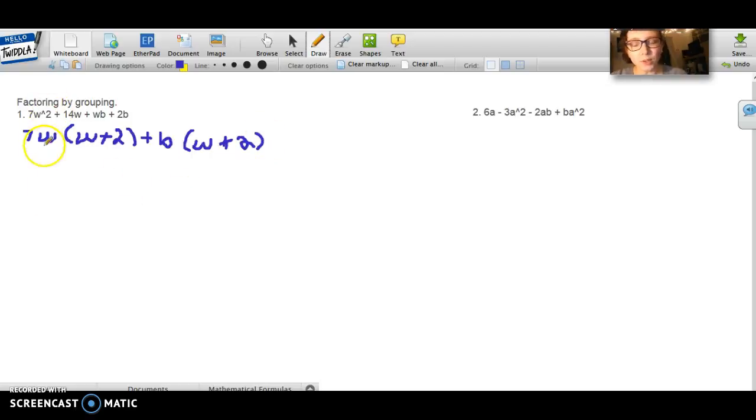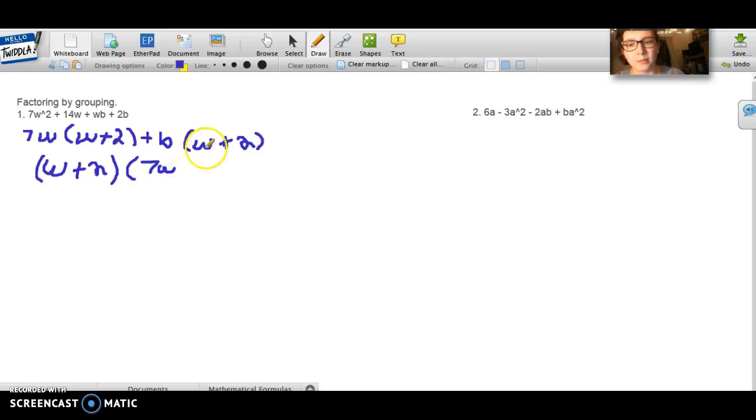Now we have two terms, and the greatest common factor between these two terms is w plus 2, so we can take a w plus 2 out of both of these terms. So we're left with w plus 2 times, well, 7w times w plus 2 divided by w plus 2 is going to be 7w. So that's left with 7w.